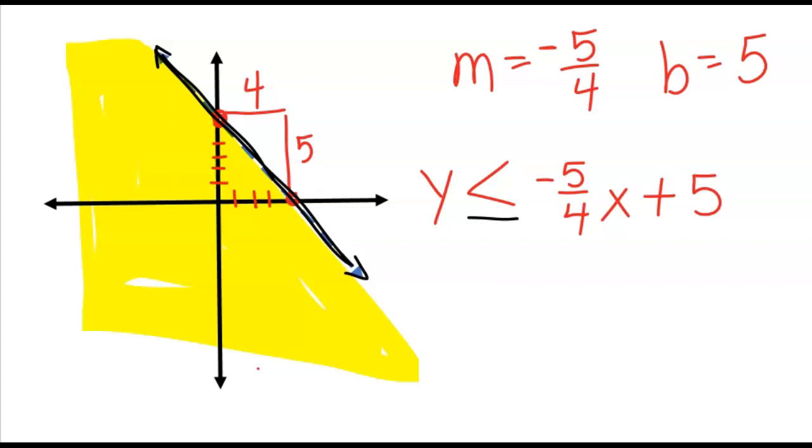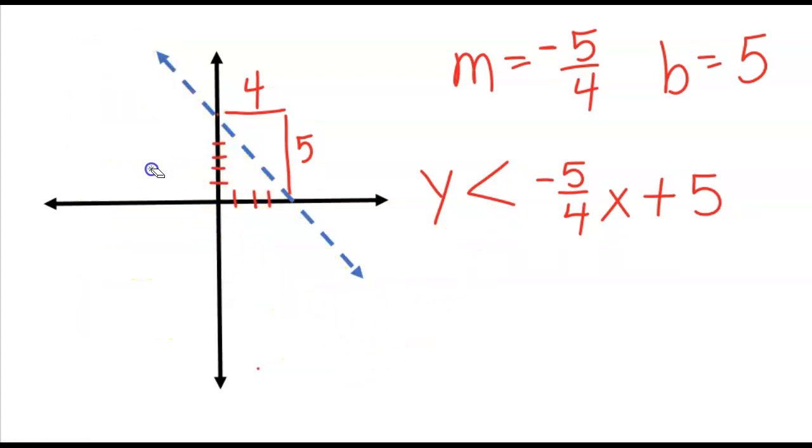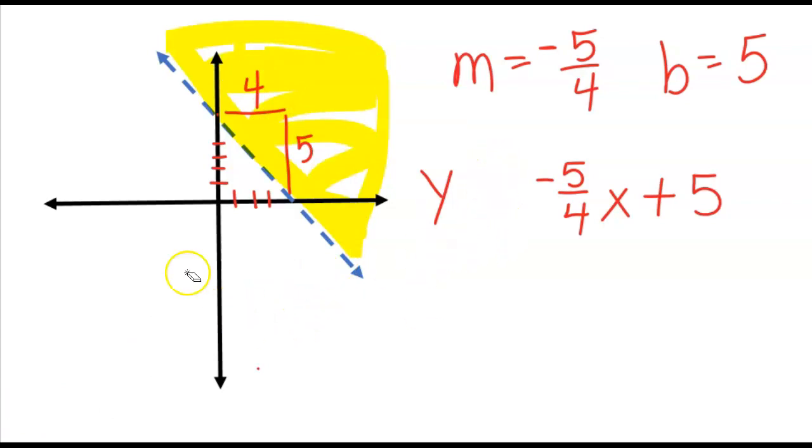And if the shading had been on this side, that would be above the line, and this would be a greater than.